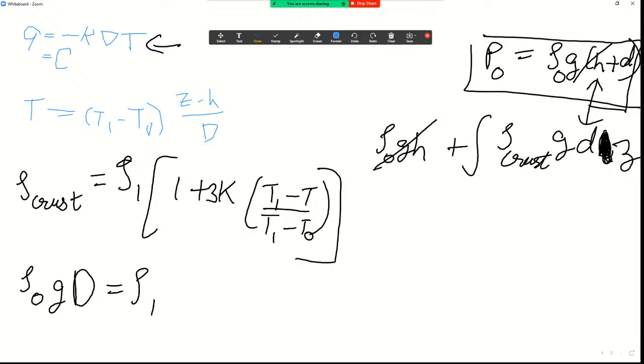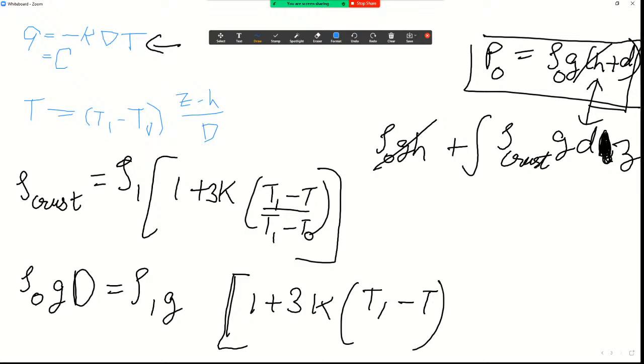Rho 1 is constant, G constant. 1 plus 3K (T1 minus T). I guess we should write T here only and convert dz into dT.